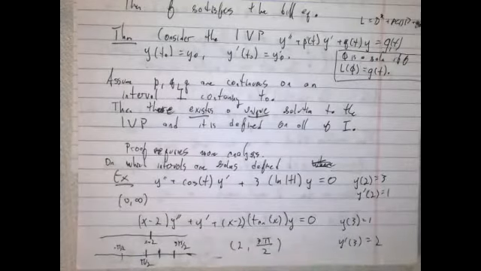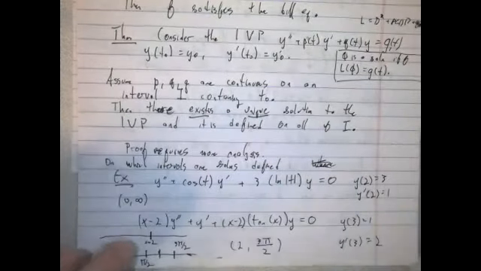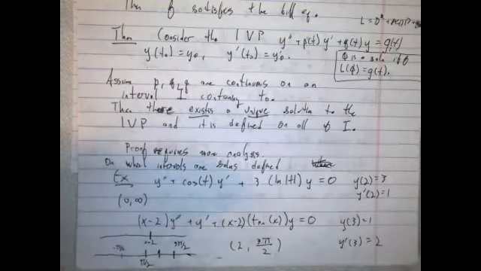Once again, I want to contrast this behavior with what we saw for nonlinear equations. For nonlinear differential equations, we could not predict just from the differential equation where the solution would be defined, and the general idea is it's probably smaller than you hoped.